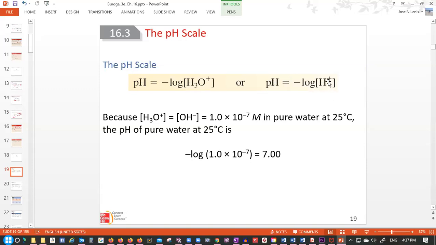Or using the simplified way, it's just pH equals negative log of concentration of H plus. Remember, H3O plus is a better representation of the protons in the water.